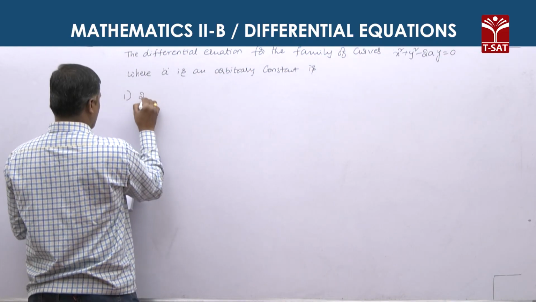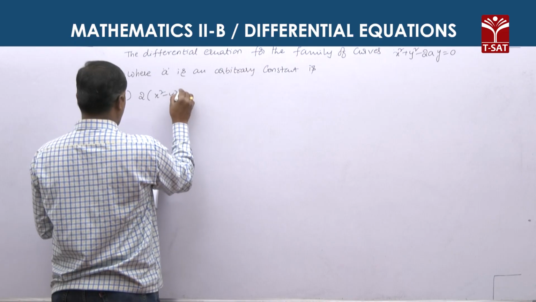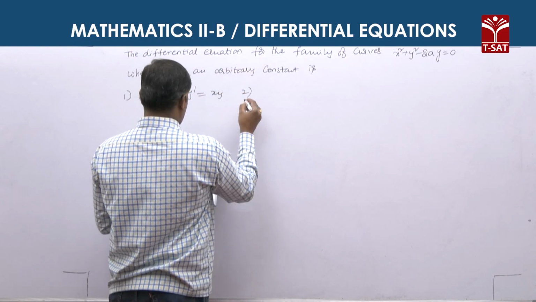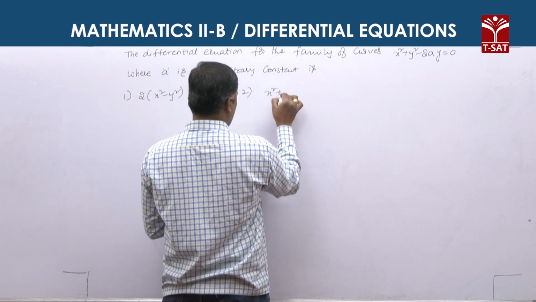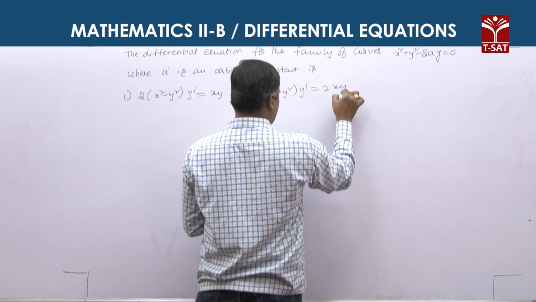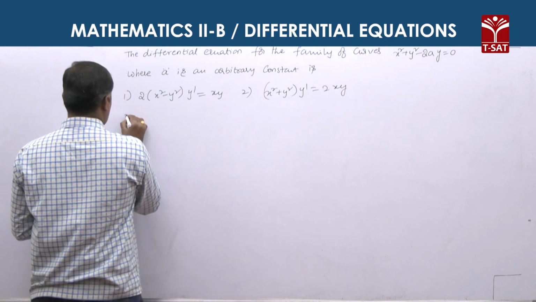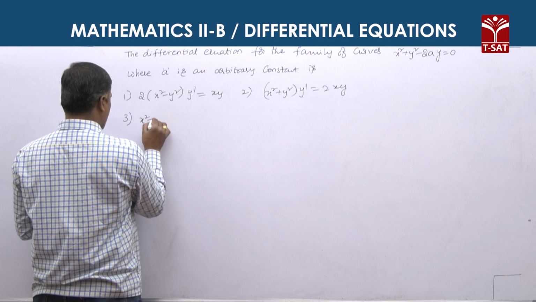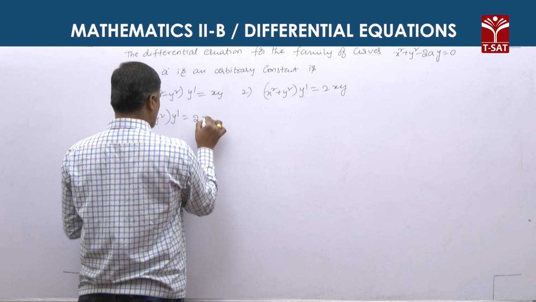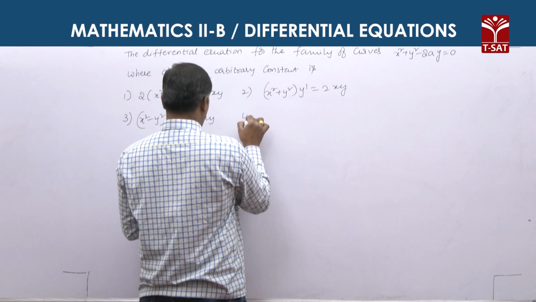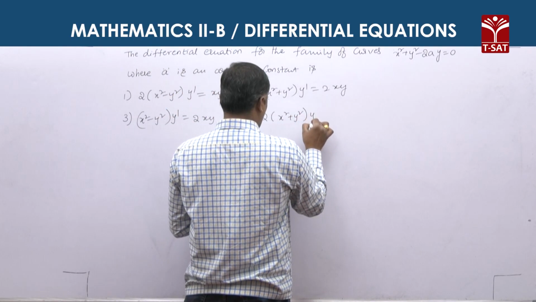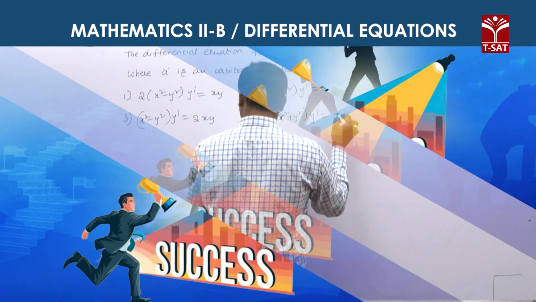First option: 2 into (x square minus y square) into y dash is equal to xy. Second option: (x square plus y square) into y dash is equal to 2xy. Third option: (x square minus y square) into y dash is equal to 2xy. And fourth option: 2 into (x square plus y square) into y dash is equal to xy.